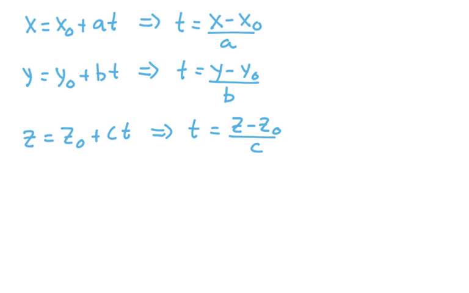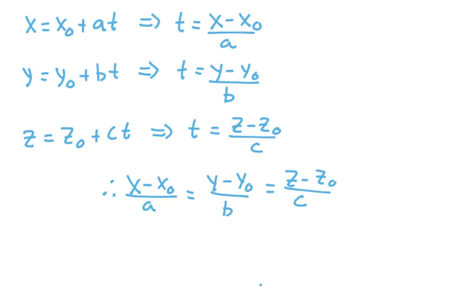So (x minus x naught) divided by a is equal to (y minus y naught) over b, which is (z minus z naught) divided by c.